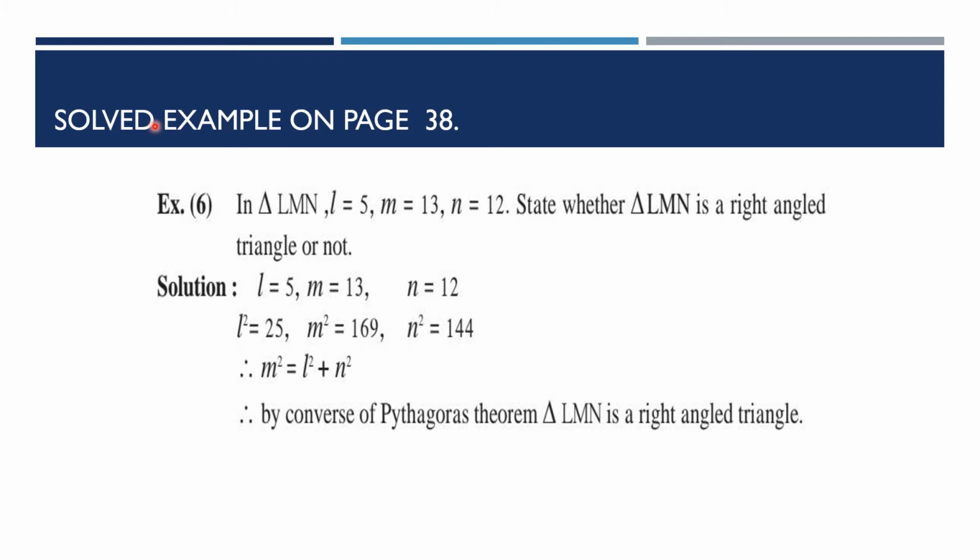For that we have to make the squares of L, M and N. These squares are L square is equal to 25, M square is equal to 169, N square is equal to 144.